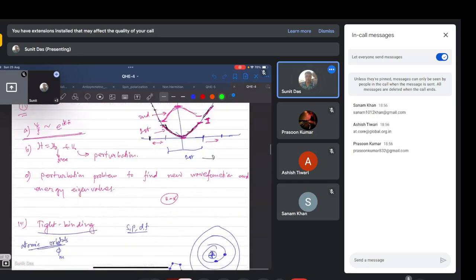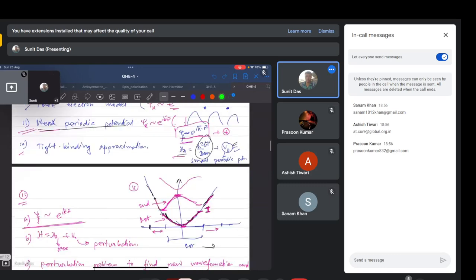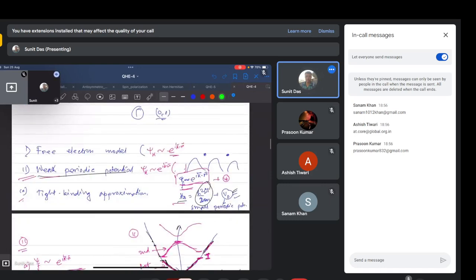Yeah, so this one. So there are three models, let's say. One is the free electron model that I explained. One is the weak periodic potential. Essentially we'll still assume that the electrons have almost free electronic dispersion, but the only thing that we will add there is a periodic potential, V0, let's say.